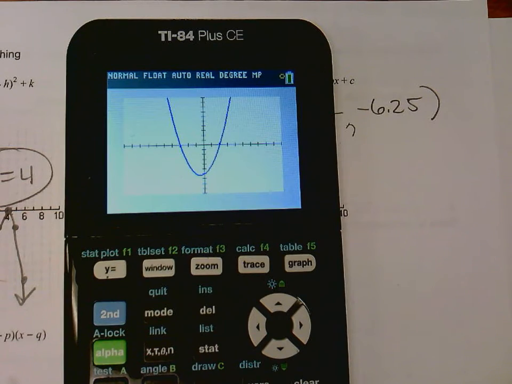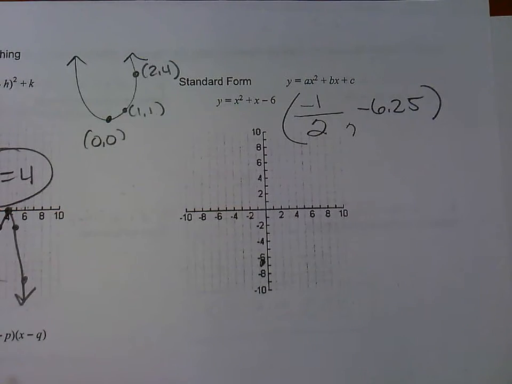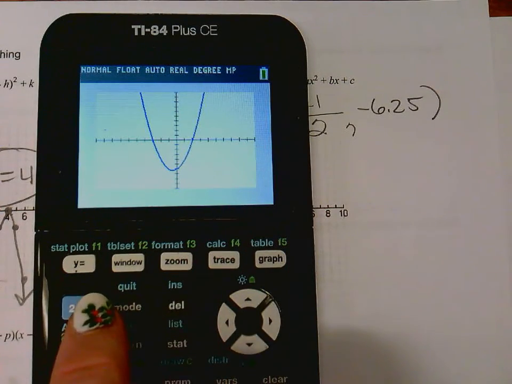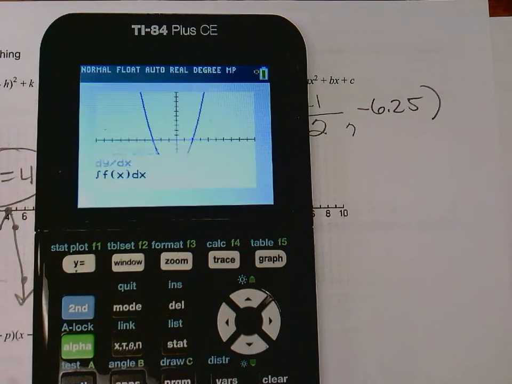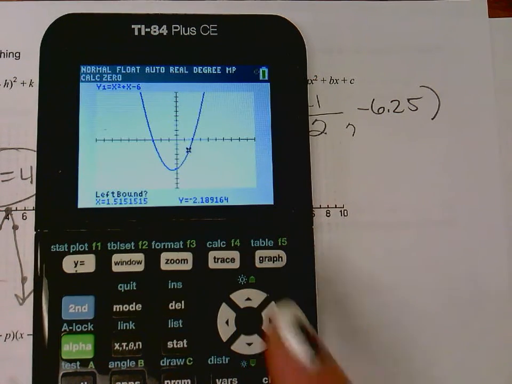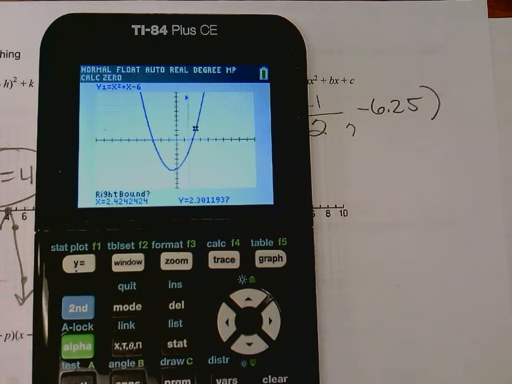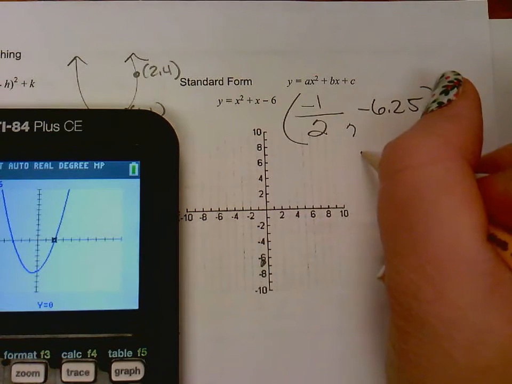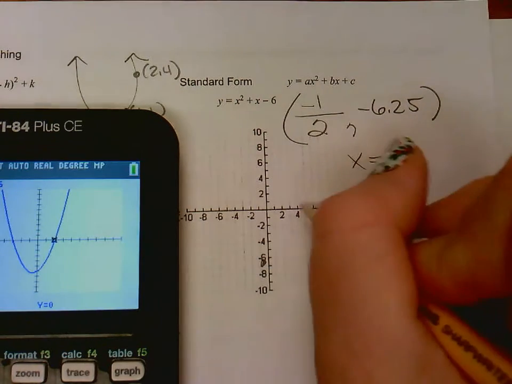Oh, it actually does have nice x-intercepts? Maybe it does. Let's see, so if I go to second calculate 0, if I go to the left and the right of this x-intercept, oh, my 0 is actually at 2, 0. So x could equal 2.